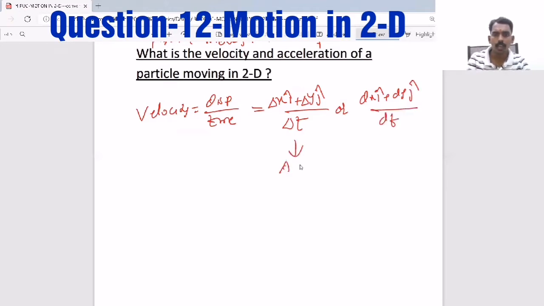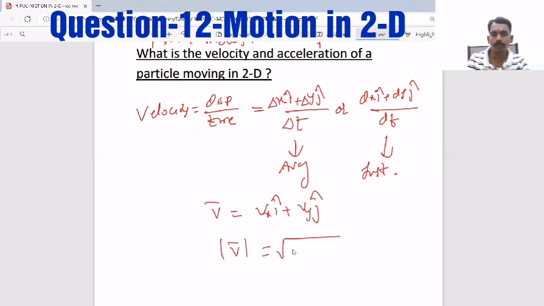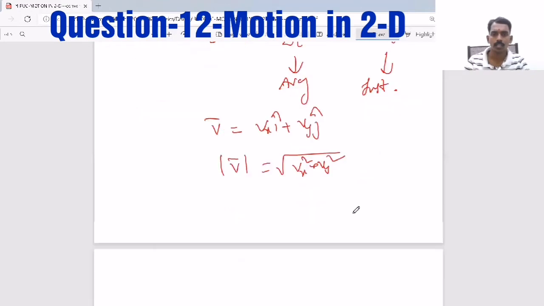Now this is average and this is instantaneous. But in both cases, the velocity has one x component and one y component, so the net will become under root vx square plus vy square.